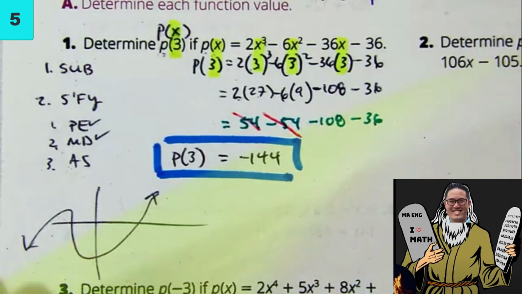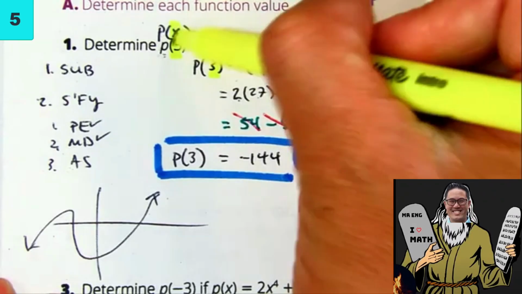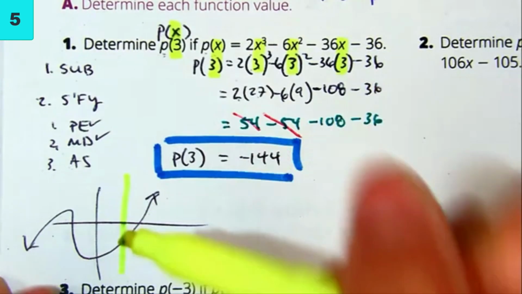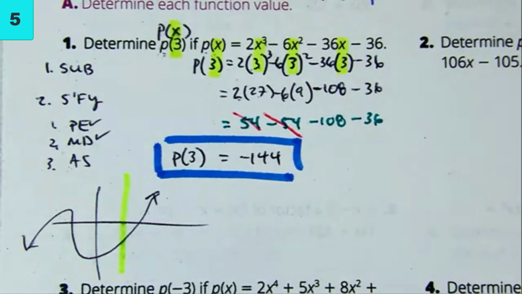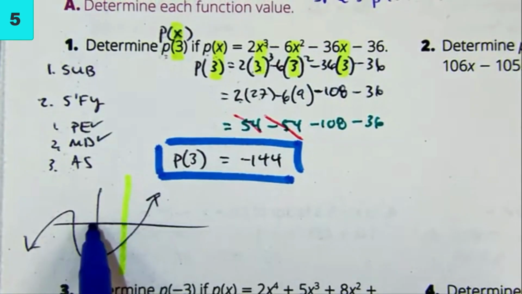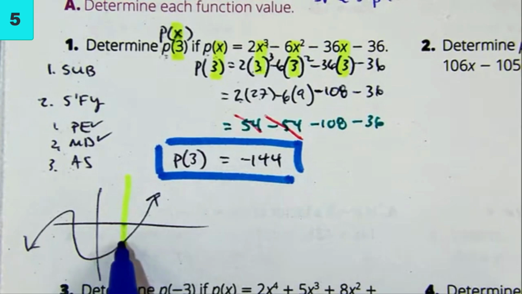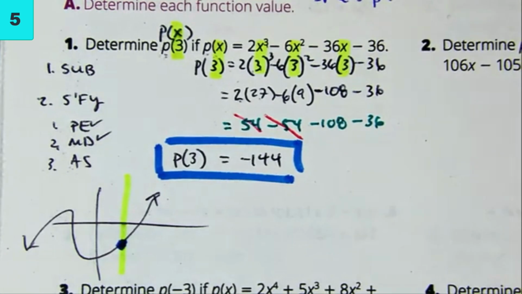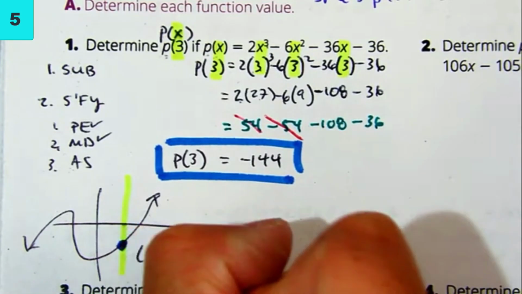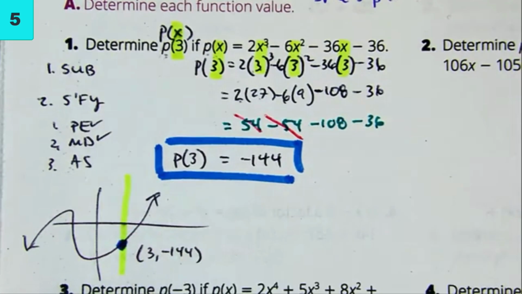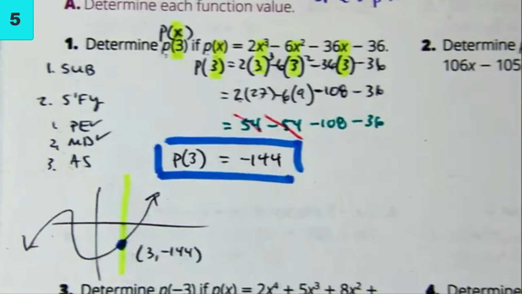It's saying when your x value is 3, where does it touch the graph? So essentially what you're doing is you're going right 3, and then our answer is negative 144. So essentially the answer is that blue point, 3, comma, negative 144.